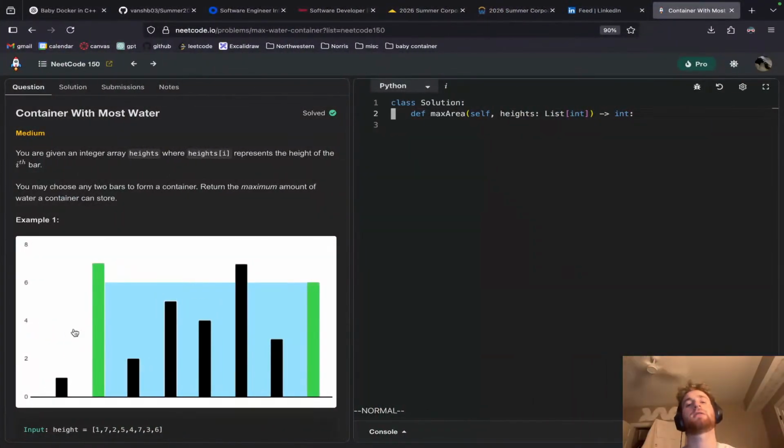Do you keep a max left and a max right? That kind of sounds wrong. Really it just comes down to when we are moving the left and right in. I should know this, but it's not coming to me immediately.